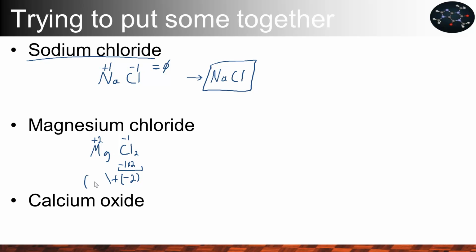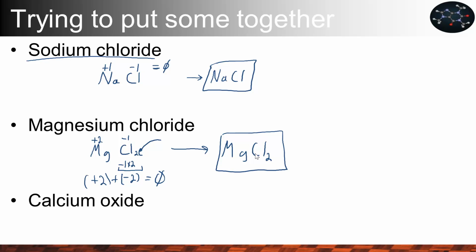We have 1 magnesium at +2, so +2 and -2. Again, we have a 0 net charge, but only if we put a subscript here to make this balanced in terms of the overall positive and negative charges present in that particular unit. So that tells us then that the proper formula for magnesium chloride would have to be MgCl2.